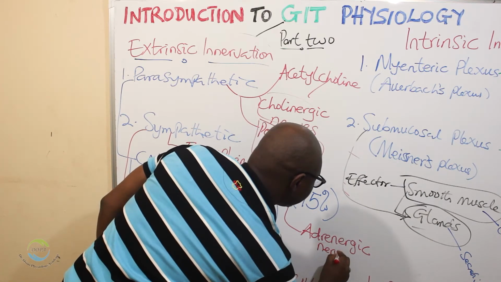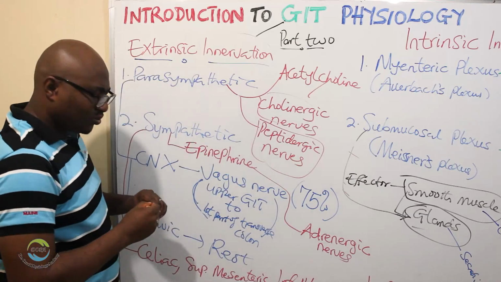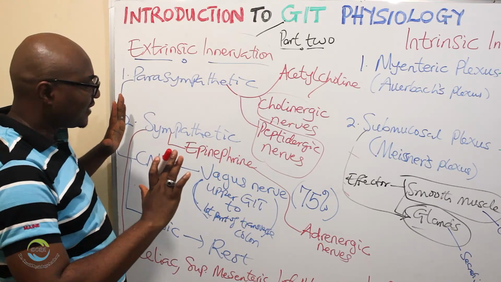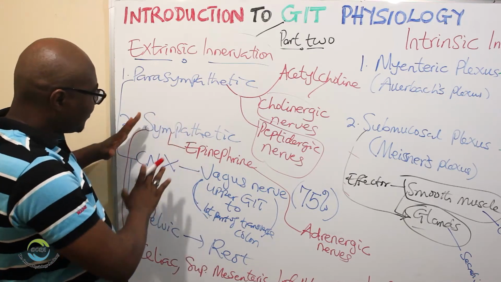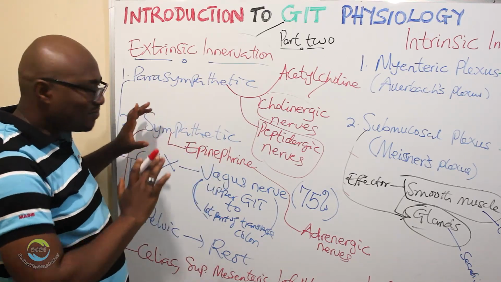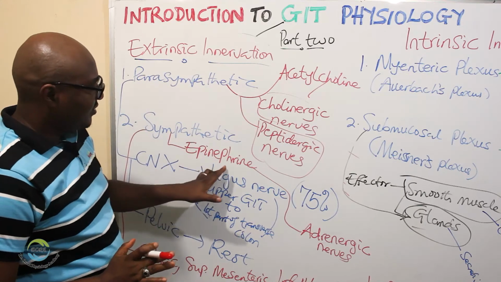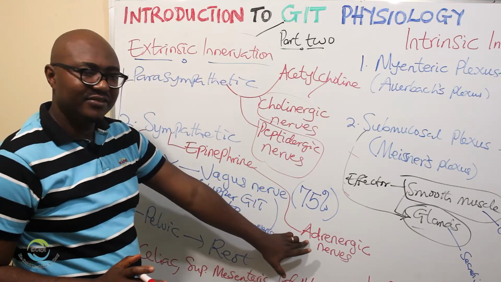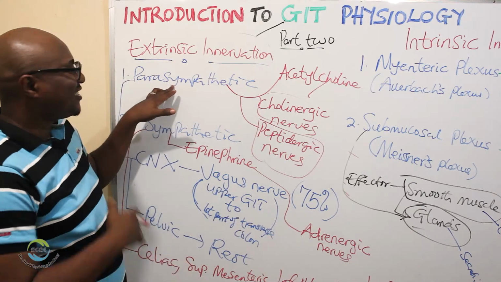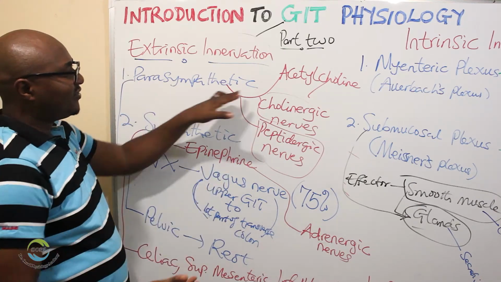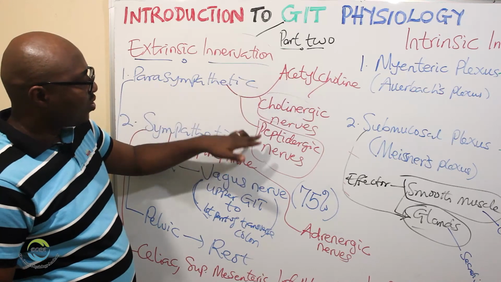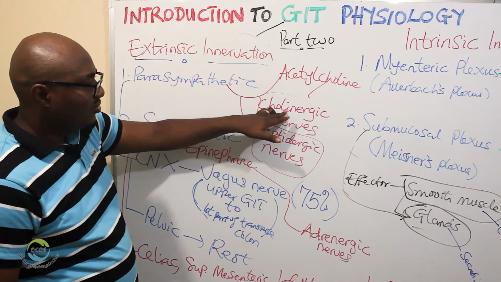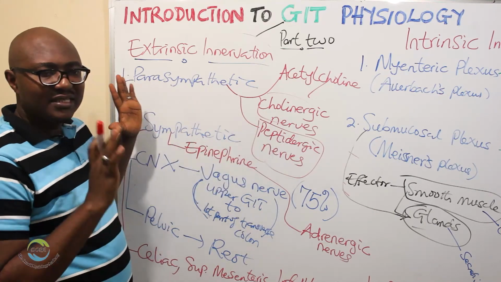So just think about this, and it's not difficult to understand. You know the function. The sympathetic is inhibitory, and they secrete epinephrine from adrenergic nerves. The parasympathetic is stimulatory. They secrete acetylcholine or peptides, and they're called cholinergic nerves, peptidergic nerves.